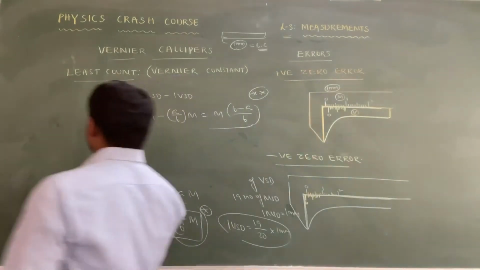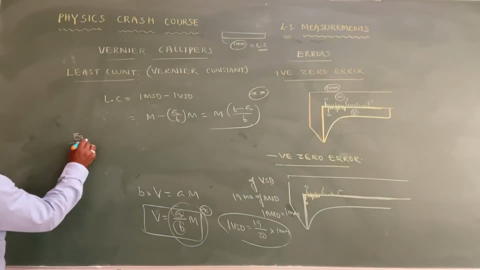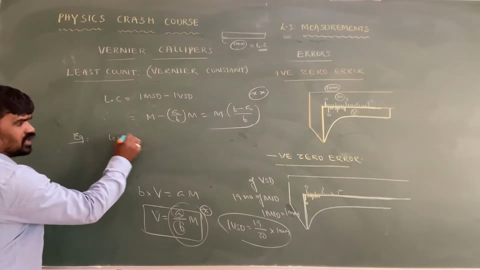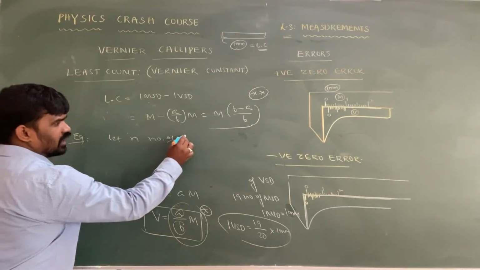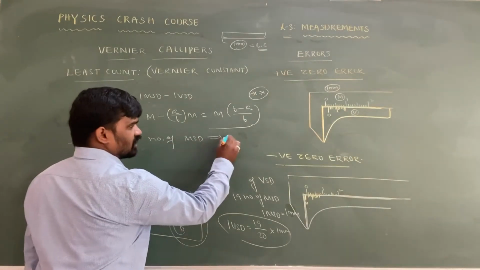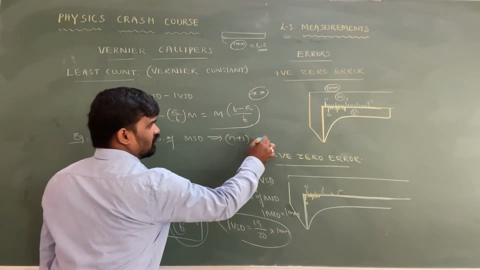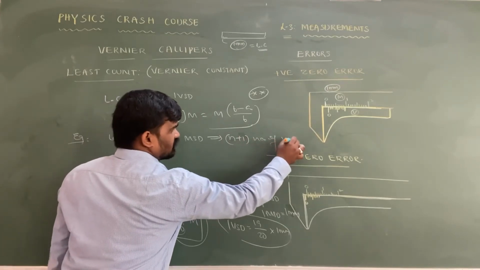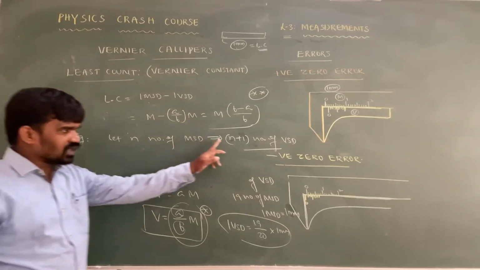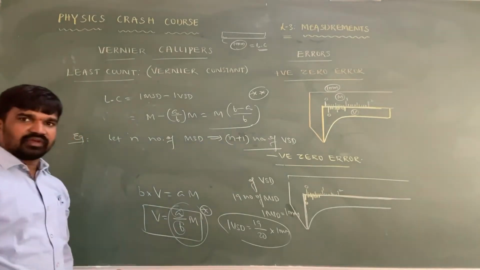And one of the important questions they asked previously is from this one. For suppose n number of main scale divisions coincides with n plus 1 number of vernier scale divisions.